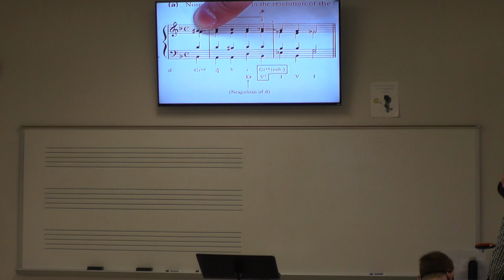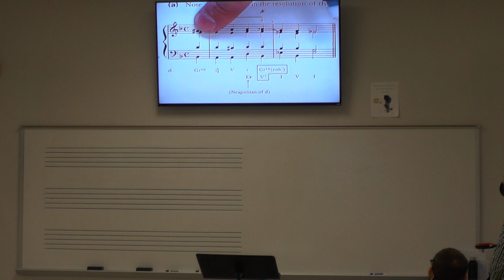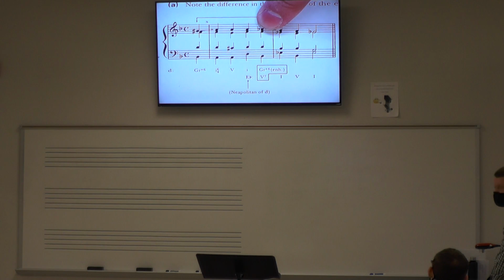Here, this one is spelled as G sharp. The soprano pitch of this chord is spelled as A flat. But the two chords sound identical. And because we heard the sound of the chord resolve as a German 6 here, when we hear that same chord sound again, we expect it to resolve as a German 6 again.